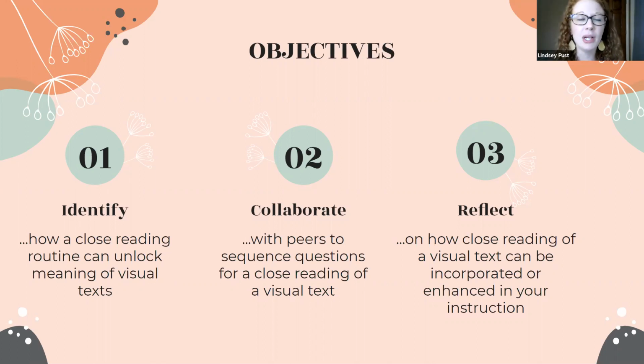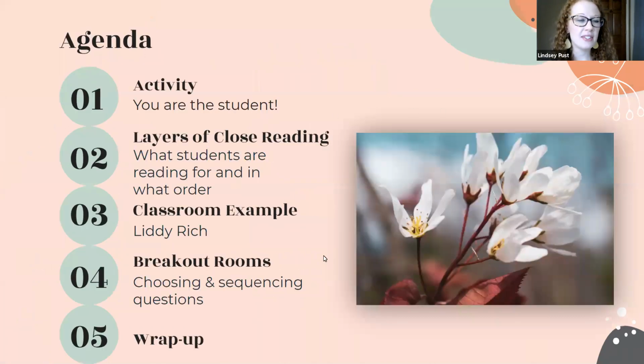You'll have some time to collaborate with peers to sequence questions for a close reading of a certain visual that we'll be looking at. And then we'll have time to reflect: how can close reading of a visual text be incorporated into my instruction, or if I'm already doing it, are there things that I can do to enhance that?